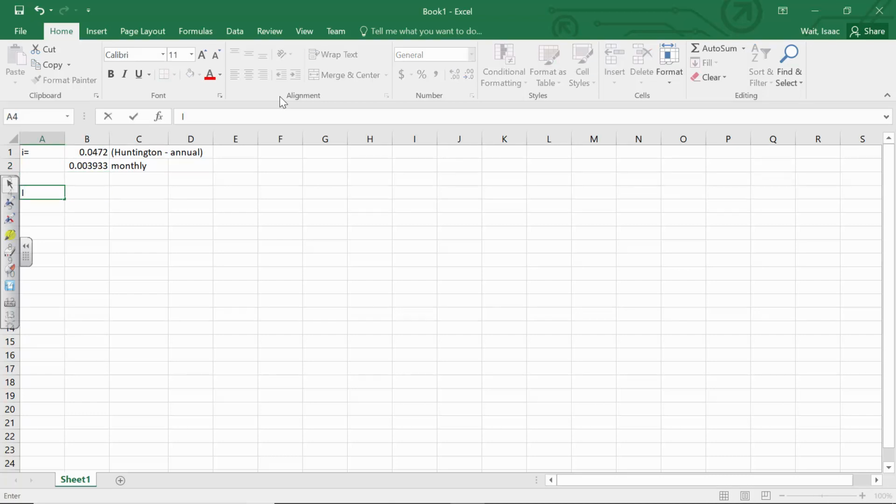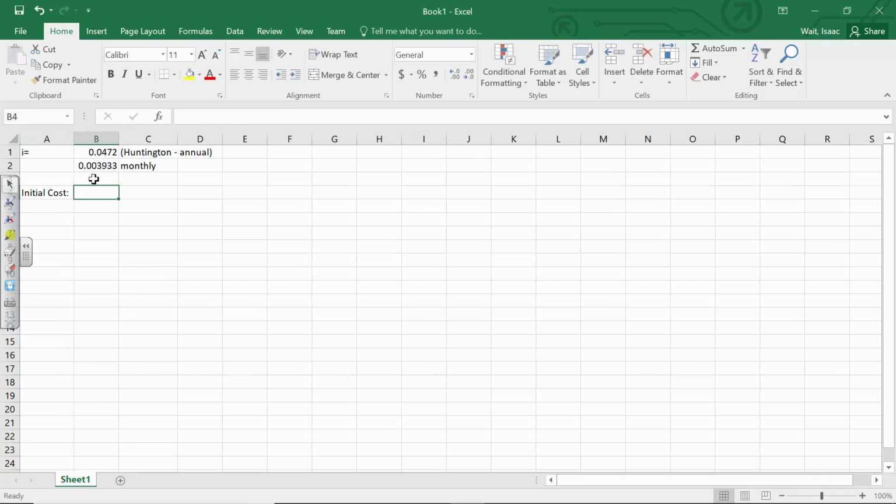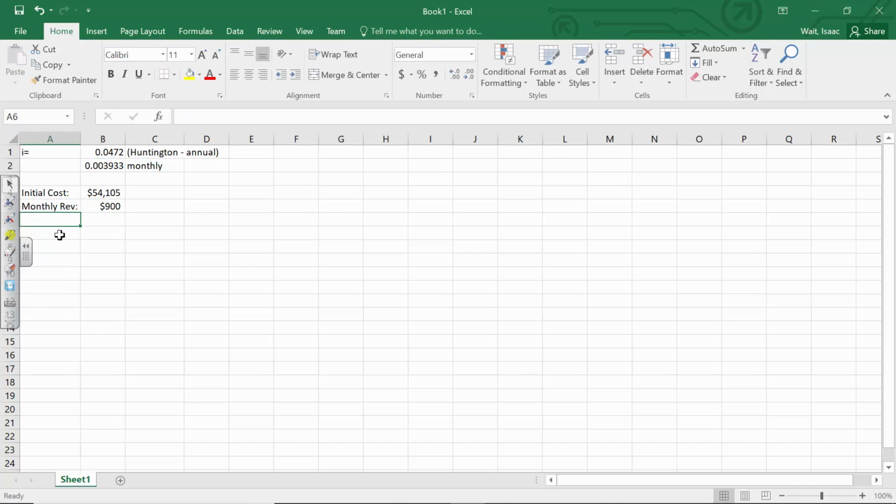And then the initial cost of this truck is $54,105. And then the monthly revenue that we're talking about is $900. I like the sound of an extra $900 per month.